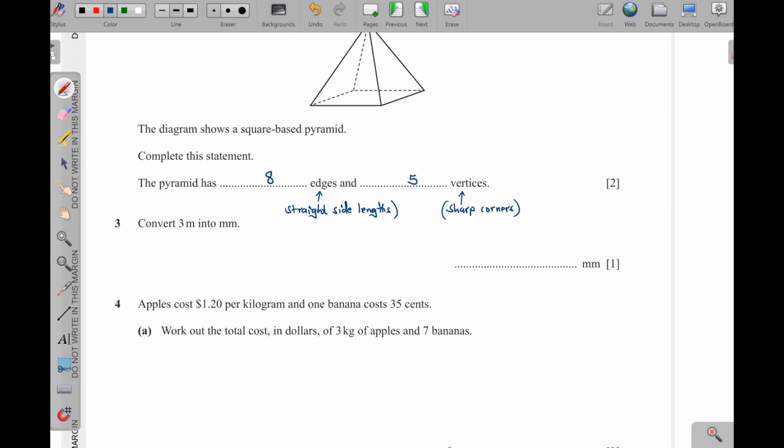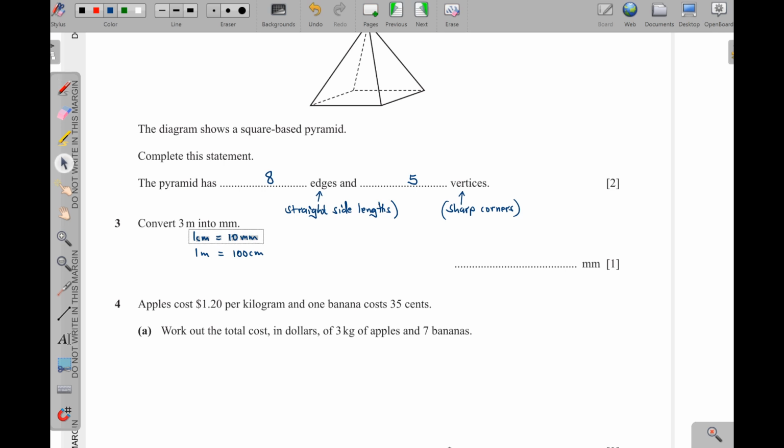Question 3, convert 3 meters into millimeters. Now we know that 1 centimeter is equivalent to 10 what? Millimeters. Are we there? Then 1 meter is equivalent to 100 centimeters, not so?